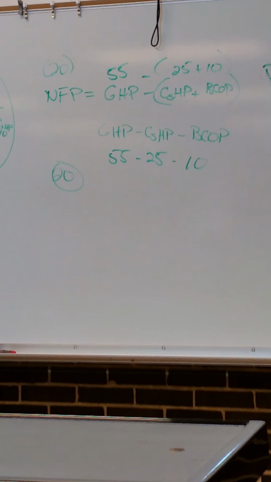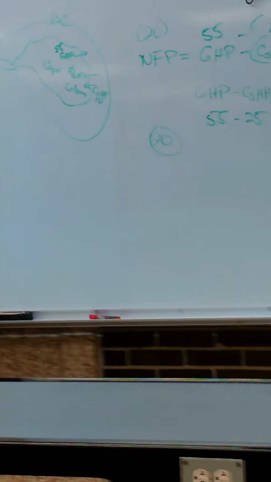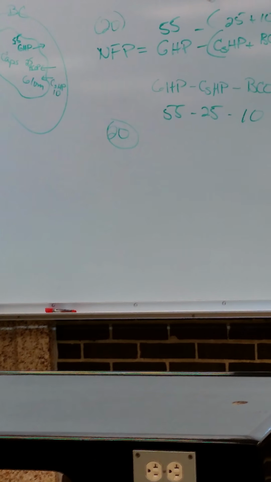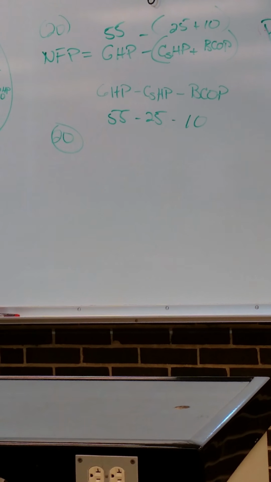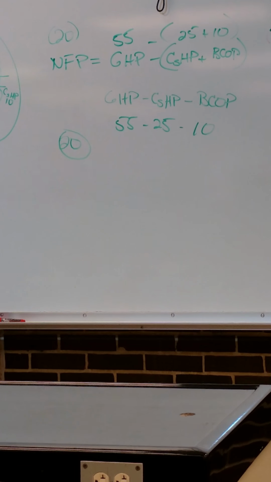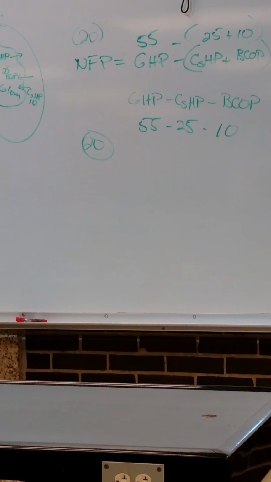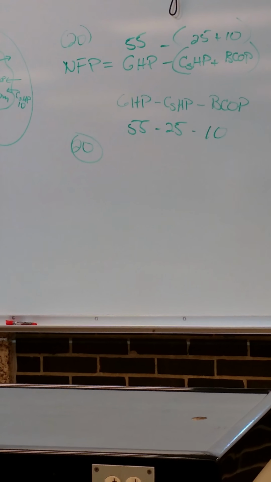Here's what I say. Measurement of the function of a nephron reveals a glomerular hydrostatic pressure of blank millimeters of mercury. I'm not going to tell you what the number is. And a pressure in the capsular space of blank millimeters of mercury. What's the pressure in the capsular space? Up here.